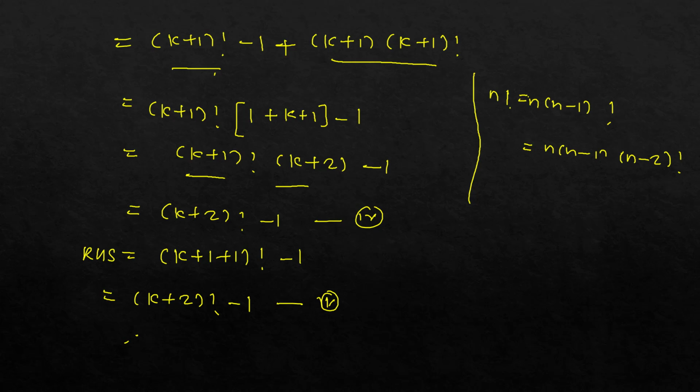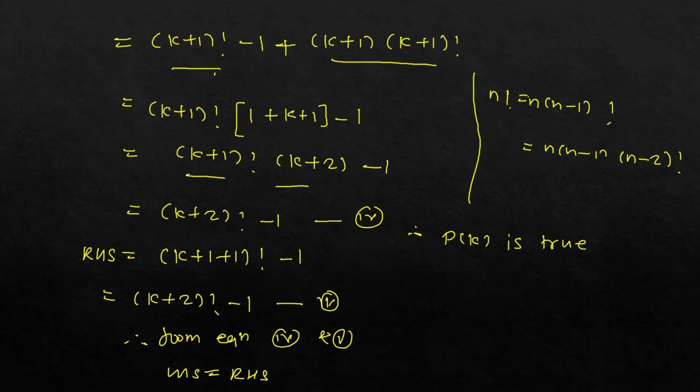Therefore, from equation, which equation? Equation number 4 and 5, LHS is equal to RHS. Therefore, P of k is true.